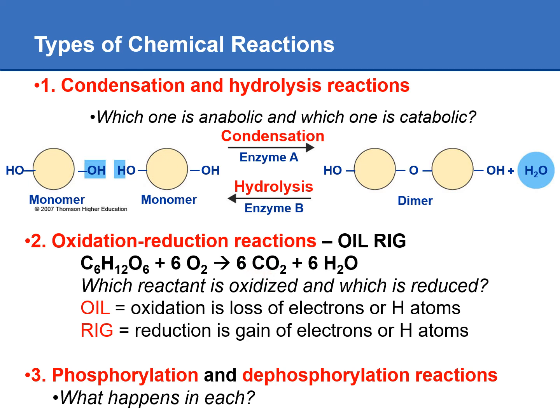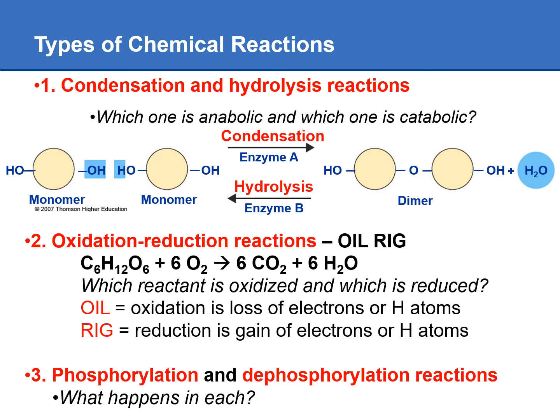So that's the OIL part. So glucose is oxidized because oxidation is loss of hydrogen atoms or electrons, because you go from lots of hydrogen atoms to nothing over here on the carbon dioxide. Okay, so the glucose is oxidized.